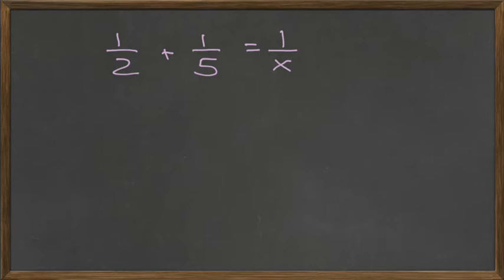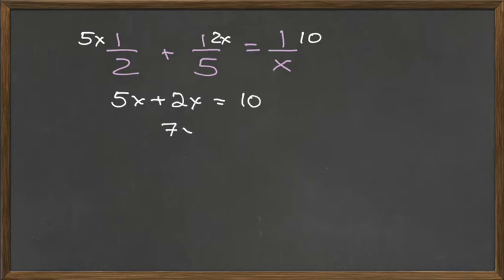Now, this is multiplied by 5x, 2x, and 5 times 2 is 10. 5x plus 2x is 10. 7x is 10.